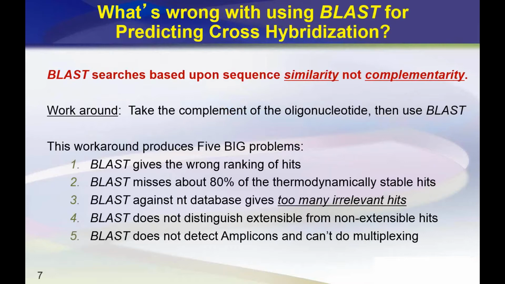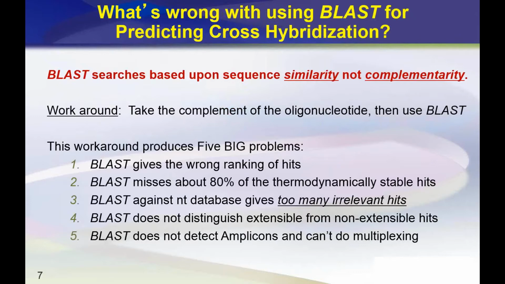Furthermore, BLAST does not distinguish between a hit that is extensible versus one that's non-extensible by a polymerase. And we'll see that that's very important for the design of primers versus probes. And lastly, BLAST has no mechanism to detect amplicons.